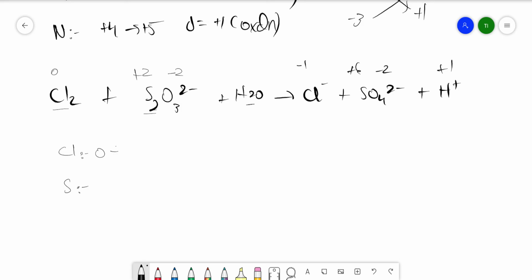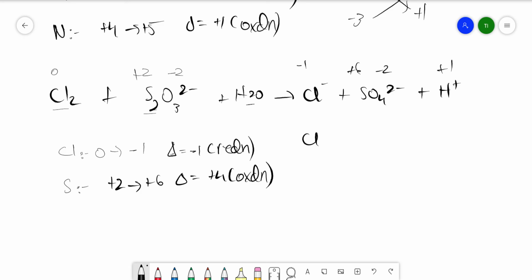So chlorine changes from 0 to -1. Therefore, the change is equal to -1 minus 0, so that's -1, right? So it undergoes reduction. Whereas sulfur changes from +2 to +6. The change is +4, so it undergoes oxidation. So Cl -1, sulfur 4, right?